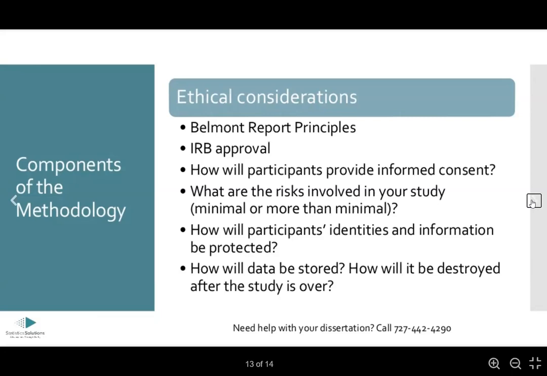You may here also want to reference the fact that participants are participating on a voluntary basis, and that if they do feel distressed at any point, they can stop participating in the study, and that there are no negative consequences associated with discontinuing their participation. Especially if your study involves more than minimal risk, you just want to be as detailed as possible about how you're going to be handling those potential risks and how you're going to be protecting participants from harm.